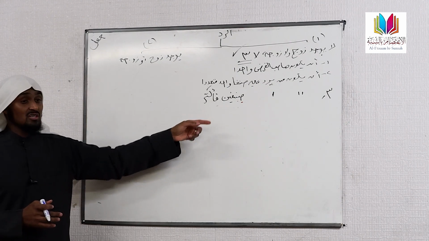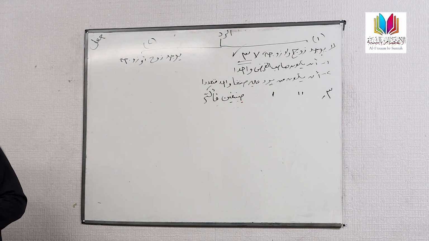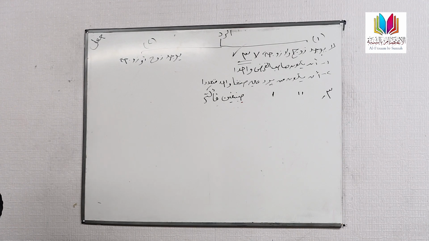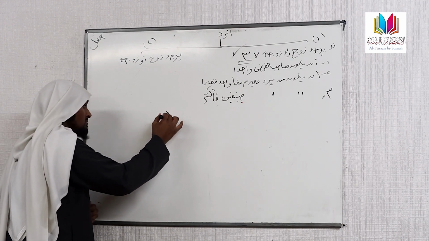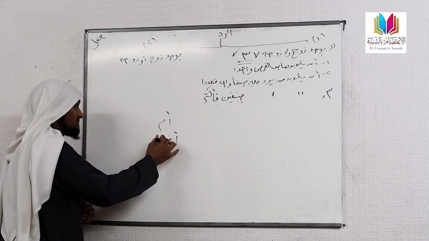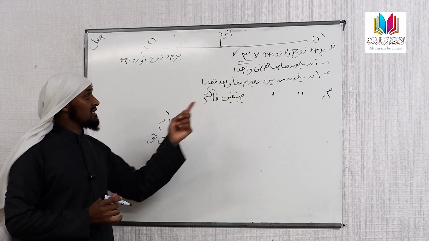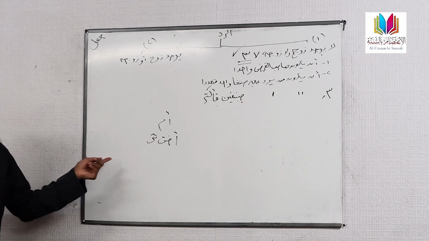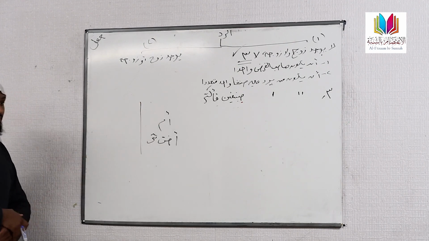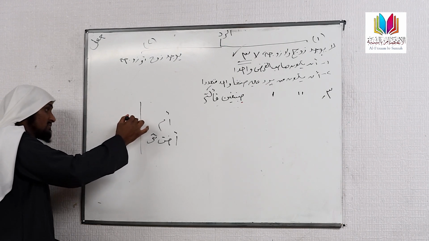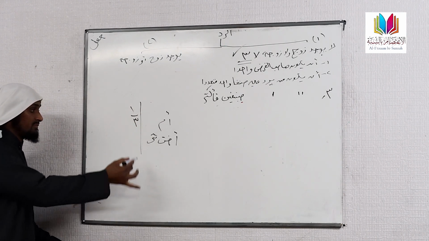The third scenario is what? Give me an example. Ukht shaqiqa. So it's not the first scenario because there's more than one, and it's not the second because they're not from the same direction. What should we do here? Gets a thuluth. Ukht shaqiqa, nisf.